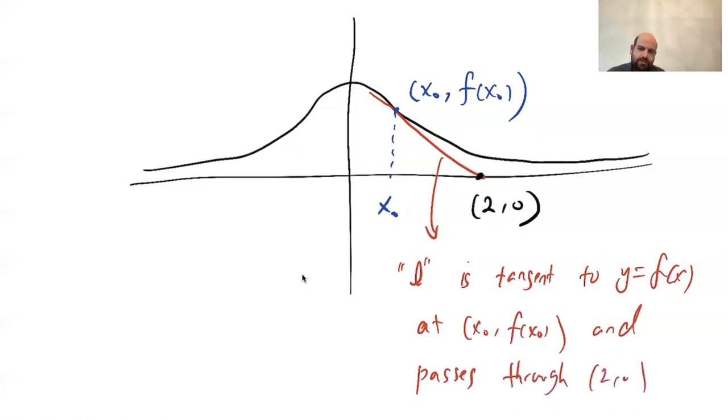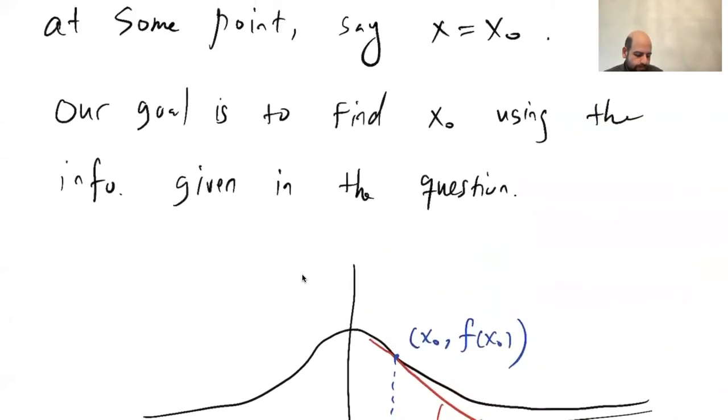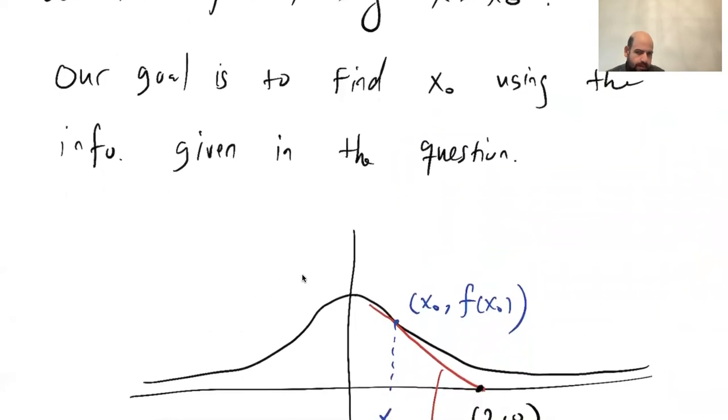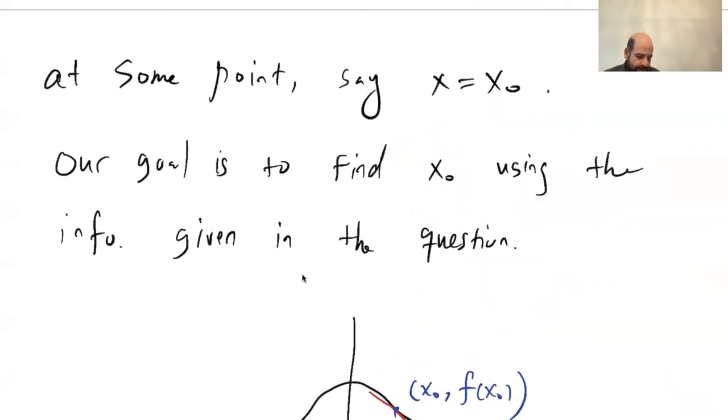So it passes through (2, 0), but it's tangent at (x0, f of x0). What is x0? We don't know. It's not given in the question. We want to find out. Okay, so let's see whether we can find x0.